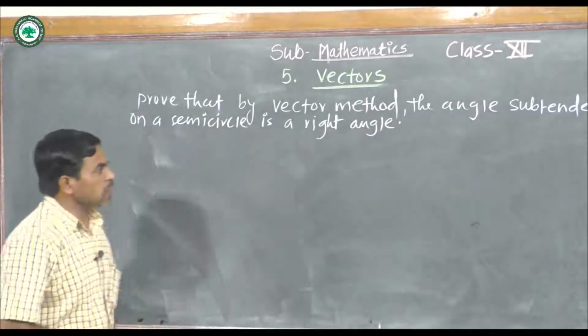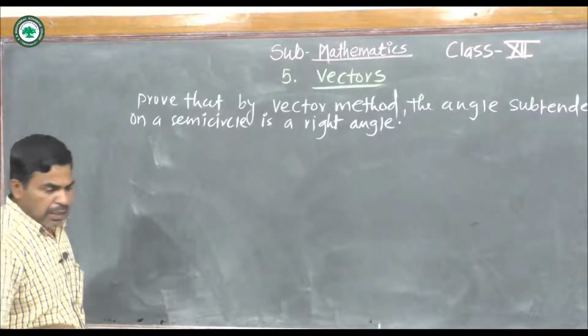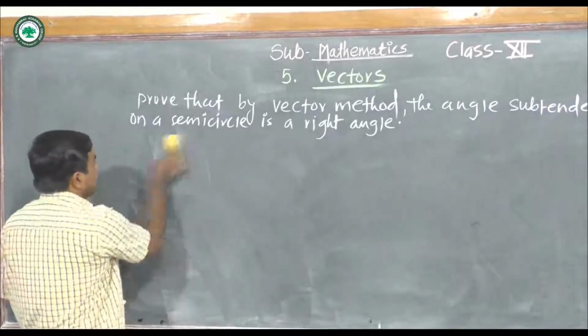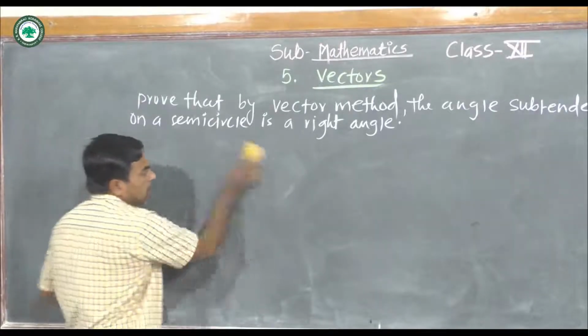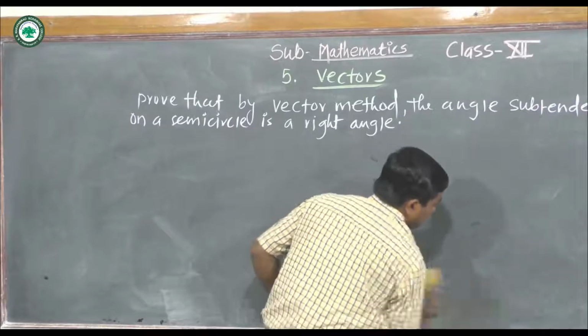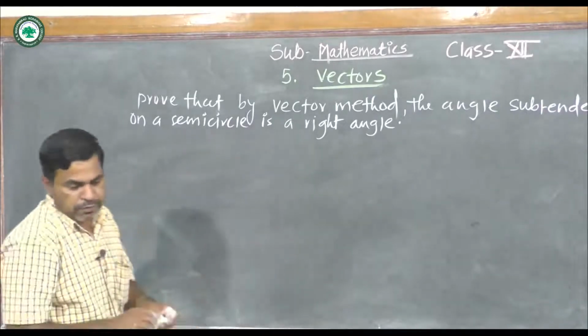Now see, this is one of the properties of a circle, and that property can be proved by vector method, in particular by using dot product. So let's see the proof of this property.